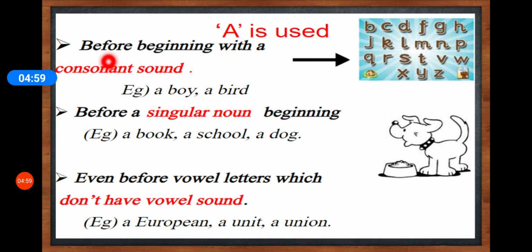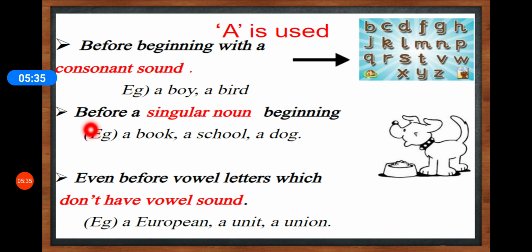And here we are concerned about consonant sound. So A is used before words beginning with a consonant sound. For example, a boy. B is a consonant sound, so A is used. Similarly, a bird. Again, a consonant sound, so we have used the article A. A boy, a bird.